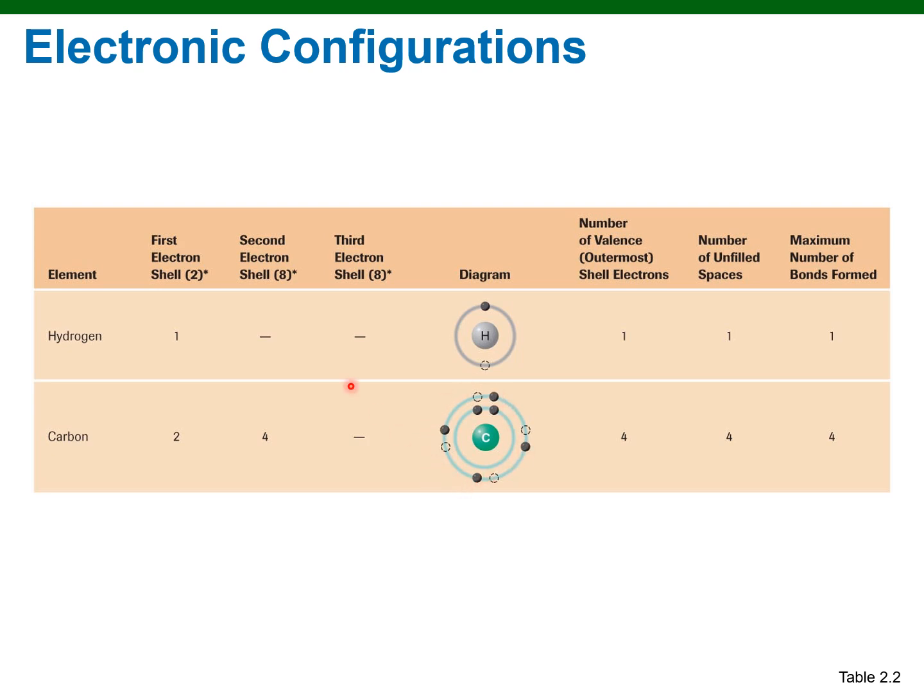However, it's noted that the second electron shell can accept up to 8 electrons before it fills up. And so we see 4 open circles here where more electrons could be accepted. And this is where carbon would find an opportunity to bond to other neighboring atoms or elements, as we'll see in some examples in the future.